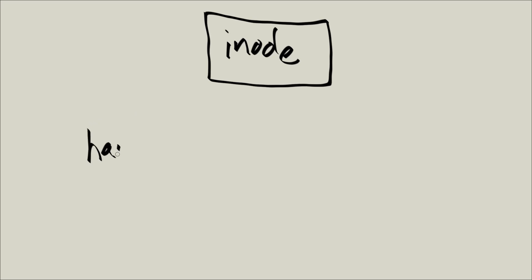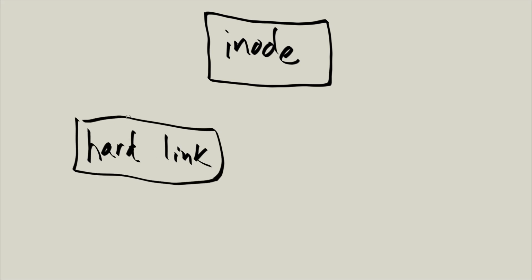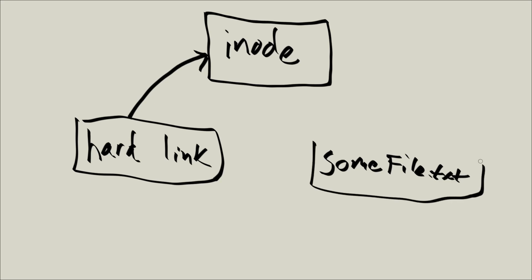If we have a hard link, it actually points to the underlying data. Okay, so the hard link points to the underlying data. And if we have some file, let's name it some file.txt, that is also pointing to the underlying data.